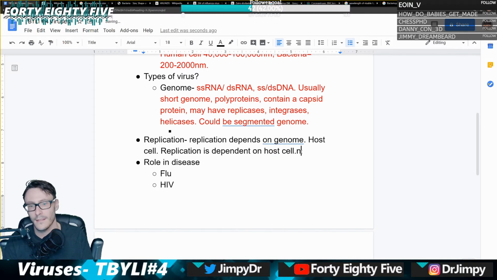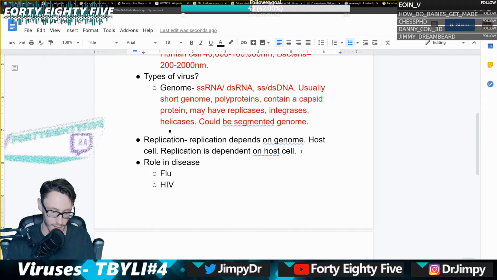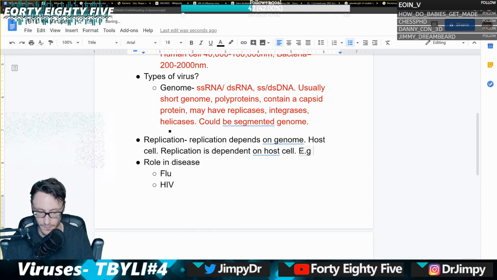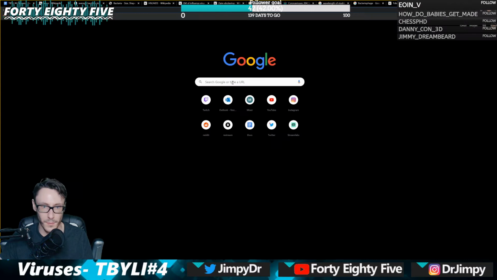So let's take an example of a single-stranded RNA virus, because it's quite an interesting little thing, literally. I've shown this picture many times, but we'll show it again.